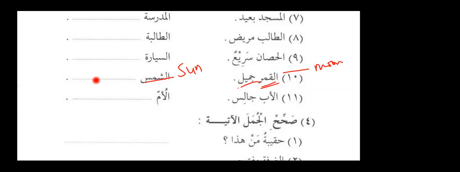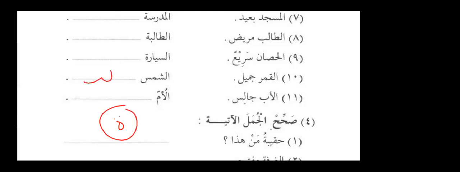How do we know Shams is feminine? Because there's no sign here, nothing. A good question. We said earlier that sometimes nouns have signs of femininity that you can see. For example, a noun that has a ta at the end, the round ta, not just any ta. Beitun also has a ta, but this is not the ta we are talking about. Beitun remains masculine.